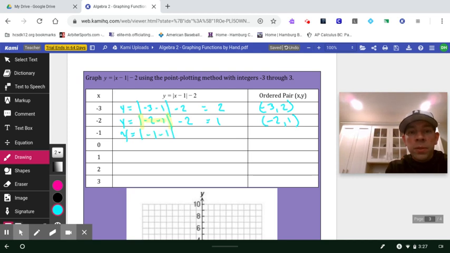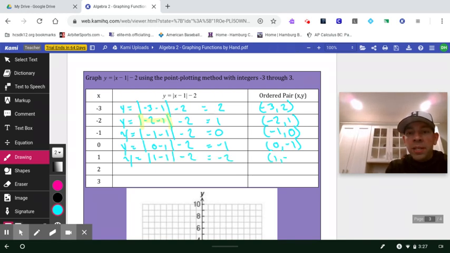Negative 1 minus 1 is negative 2, and the absolute value of negative 2 makes 2. 2 minus 2 makes 0. Y equals 0 minus 1 minus 2. So that's going to make negative 1. Then 1 minus 1 makes 0. 0 minus 2 makes negative 2.